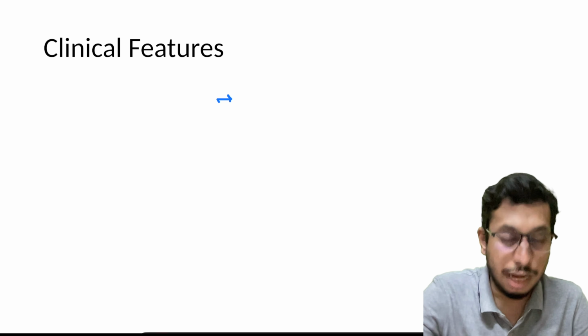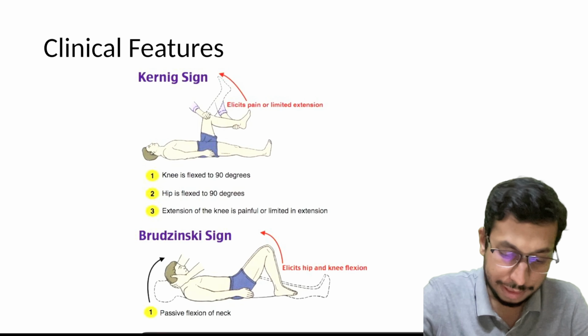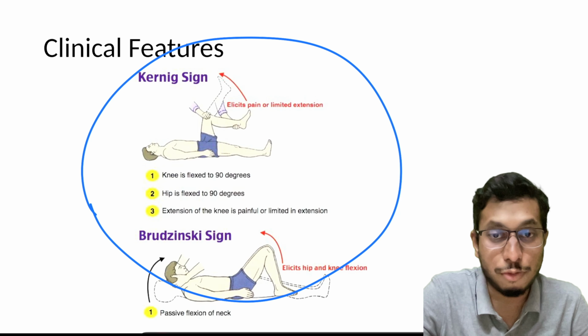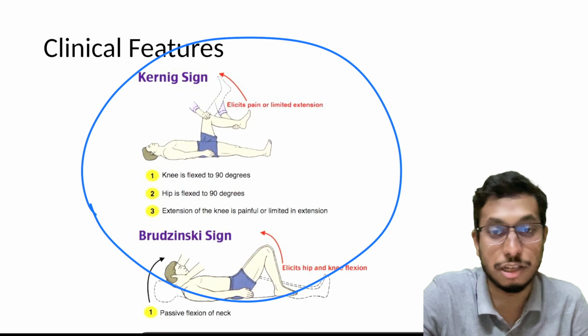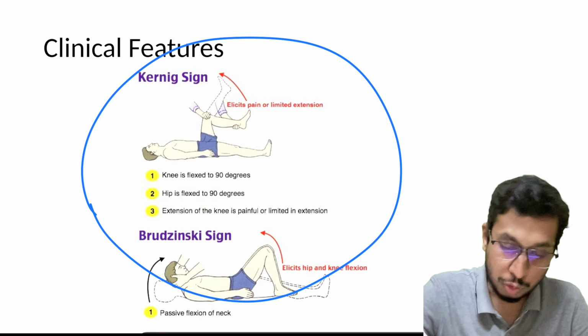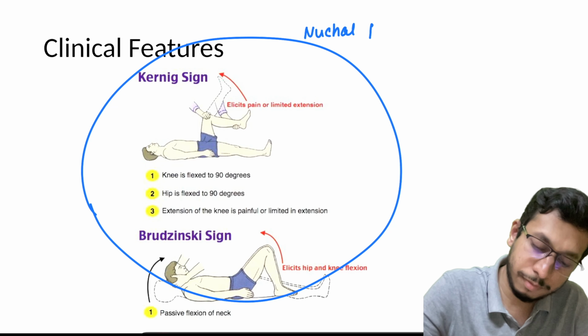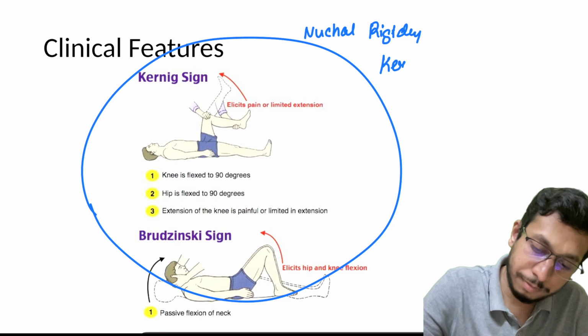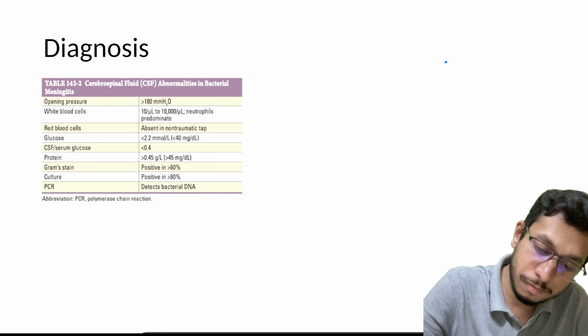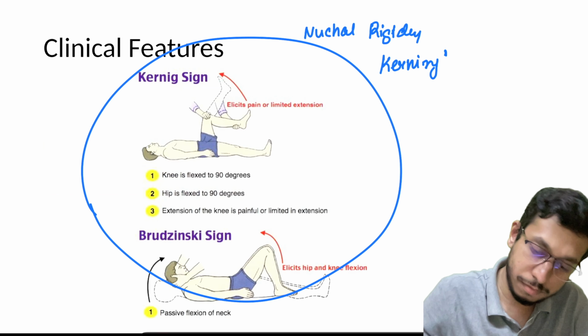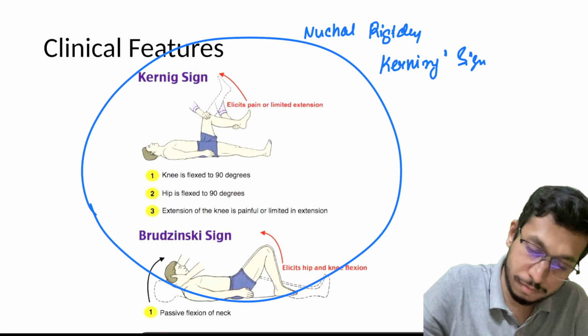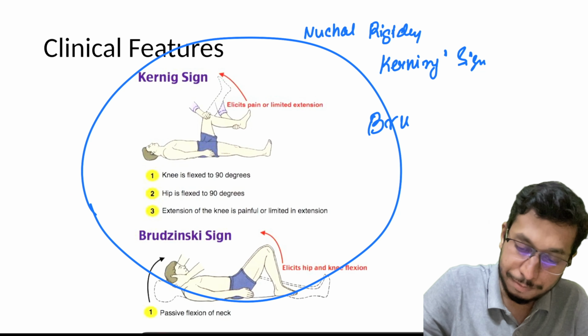Now, the other thing that I would like to discuss here is the main thing, that is the signs of meningeal irritation. What are those? Those are nuchal rigidity, Kernig sign, and Brudzinski sign.